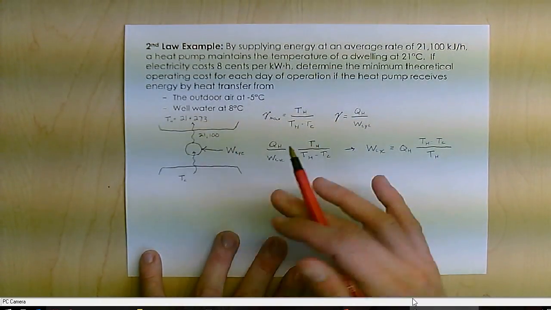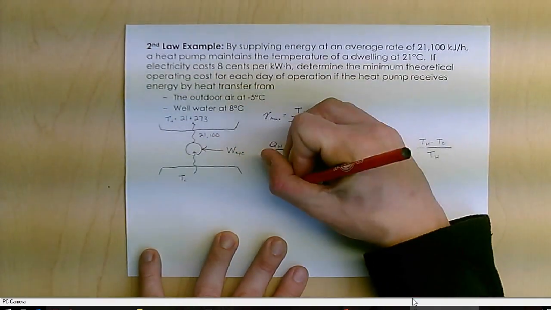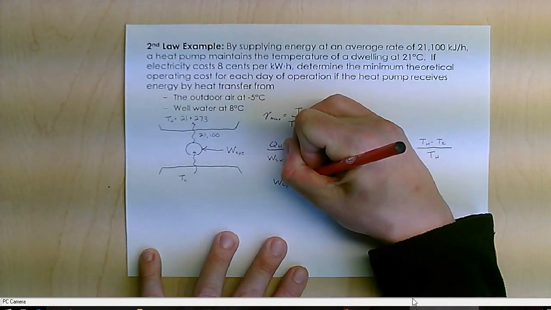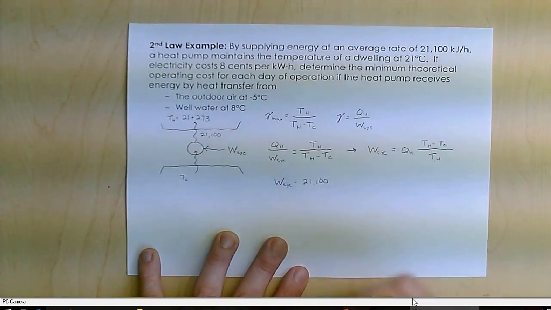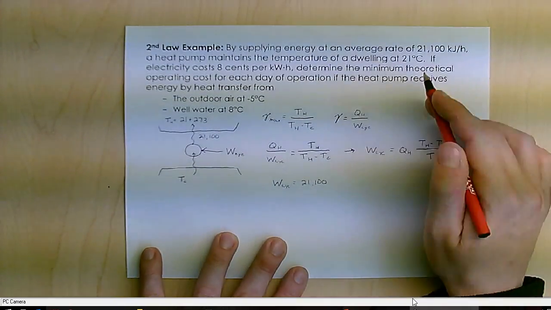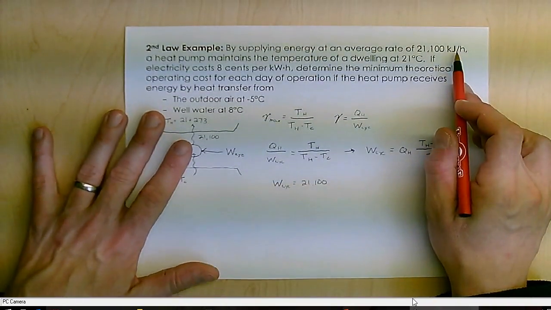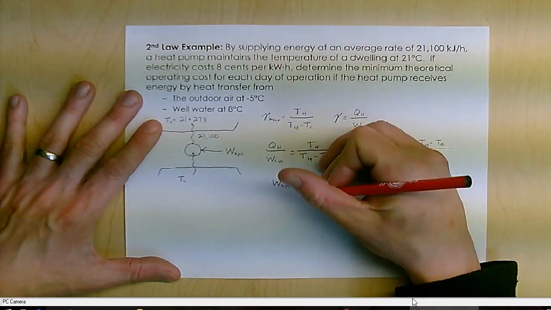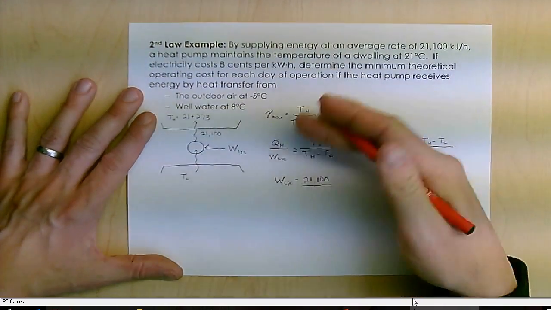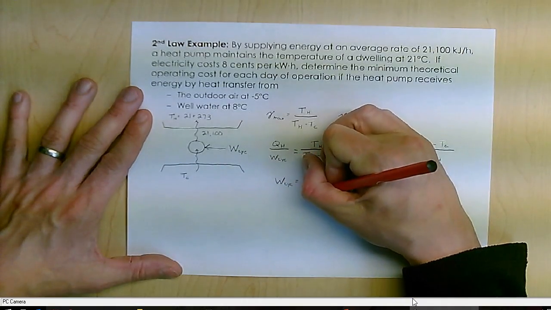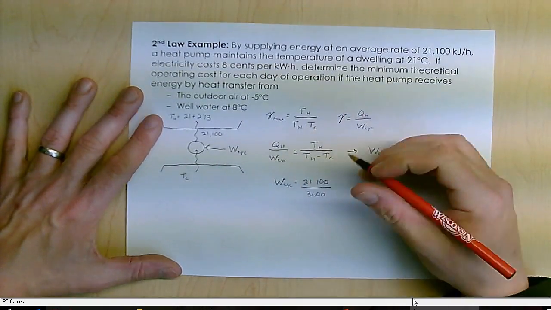So we'll start with pulling it from the outdoor air. So the work of the cycle for this one is going to be 21,100. And I'm going to divide that by 3,600 because this is kilojoules per hour. I want kilojoules per second so I can get it in kilowatts. So I'm going to divide that by 3,600.